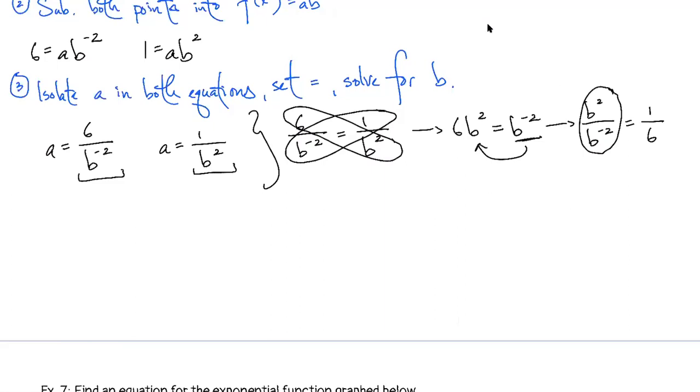What do we get? 2 minus -2. Let me say that one more time. 2 minus -2. 4. Yeah, it's gonna give us 4, okay? So when we subtract these exponents, we get b to the 4th. Because 2 minus -2 turns into 2 plus 2, which gives us 4, okay? So b to the 4th equals 1/6.